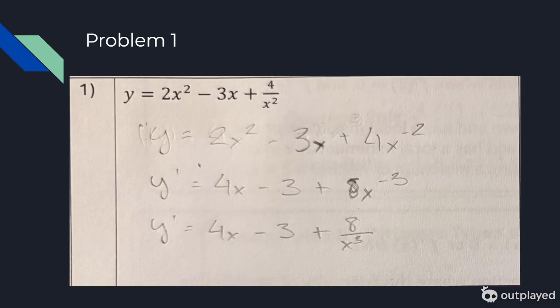So now we could do the derivative. We could do 2 times 2 right here, and this 2 would be minus 1, so it becomes 4x. And then right here we have 3x. Since x just equals 1, 3 times 1 is just 3, so this derivative is now negative 3. And then we have another power rule right here.